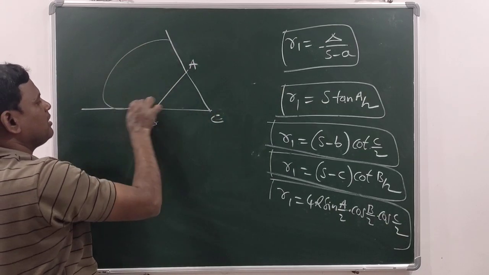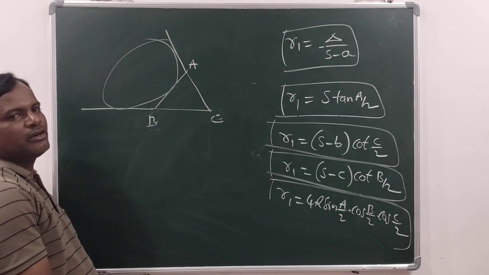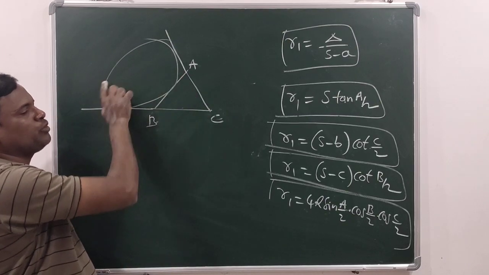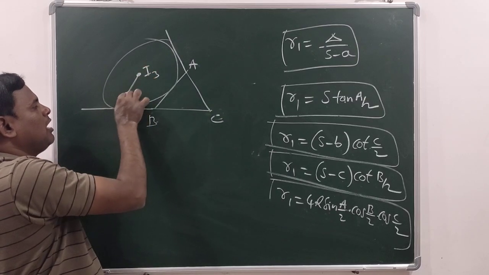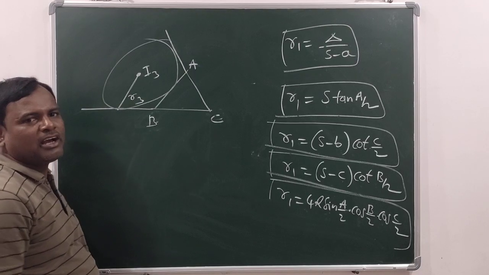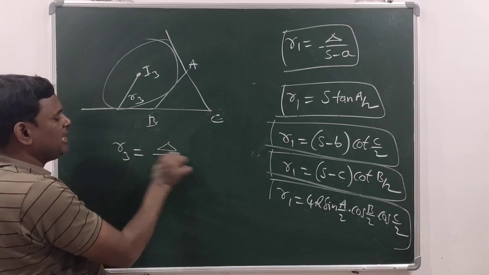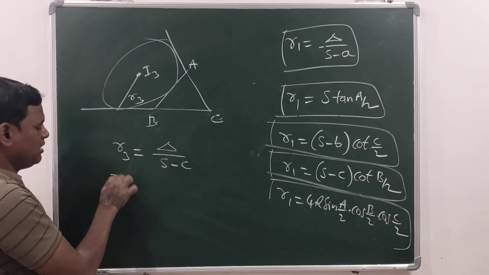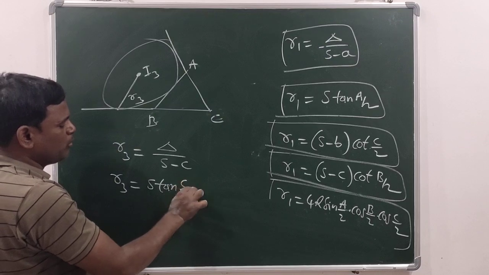Okay, here the excircle we get outside this triangle ABC opposite to vertex C, whose radius is R3 and whose center will be I3. Now R3 can be written as delta by S minus C. Now R3 is equal to S tan C by 2.